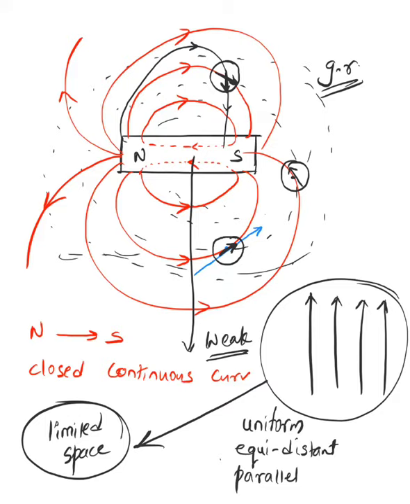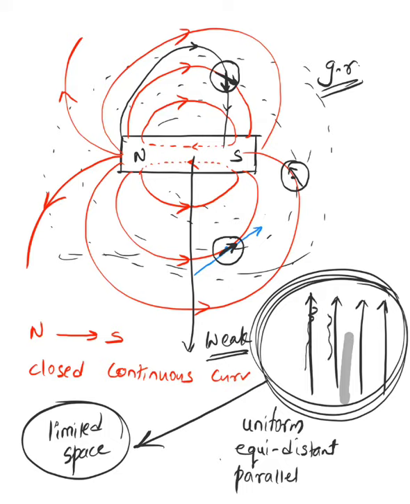Even these lines, for example, the uniform ones I've drawn right here: if I place another magnet in between them, all these magnetic field lines will start vibrating and come into some new position as long as this magnet is there. Again, when you remove that magnet, those lines will come back to their normal shape.